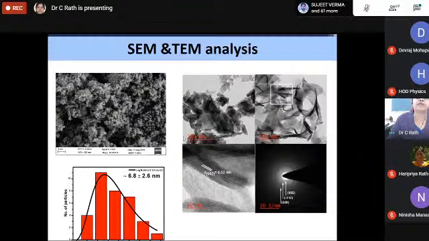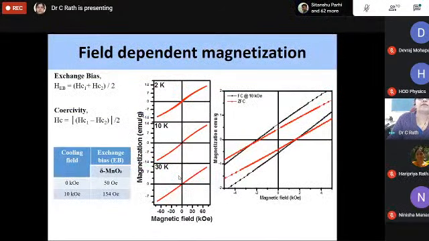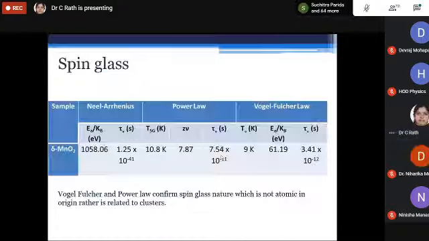Similarly, she has done these calculations, and then from XPS we could find out the oxygen vacancy, and from MT at different fields, we exactly find out the spin glass temperature by fitting with an AT line. And then field dependent MH curve shows whether it gives exchange bias phenomena or not. And then susceptibility behavior gives rise to its spin glass and cluster glass behavior.